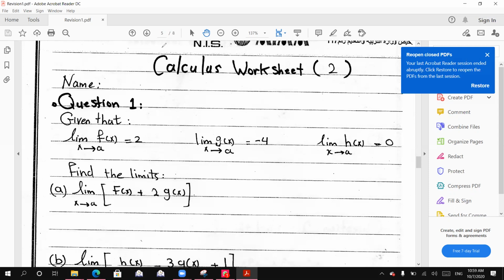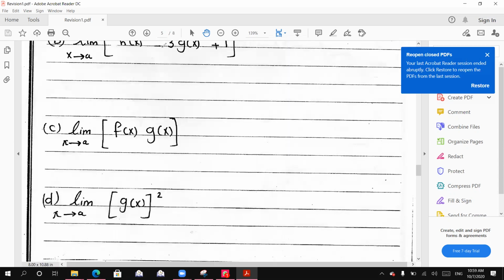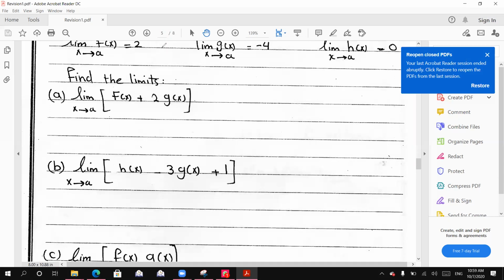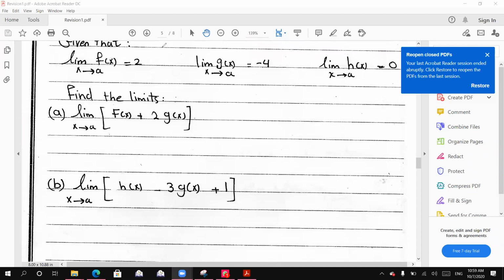In this worksheet, I have to compute the limits without looking at the graph, using the equation. Given that limit f of x is equal to 2, limit g of x is equal to -4, and limit h of x is equal to 0, I want you to find b: limit of h of x minus 3g of x plus 1 when x approaches a. As we said, we can distribute the limit.